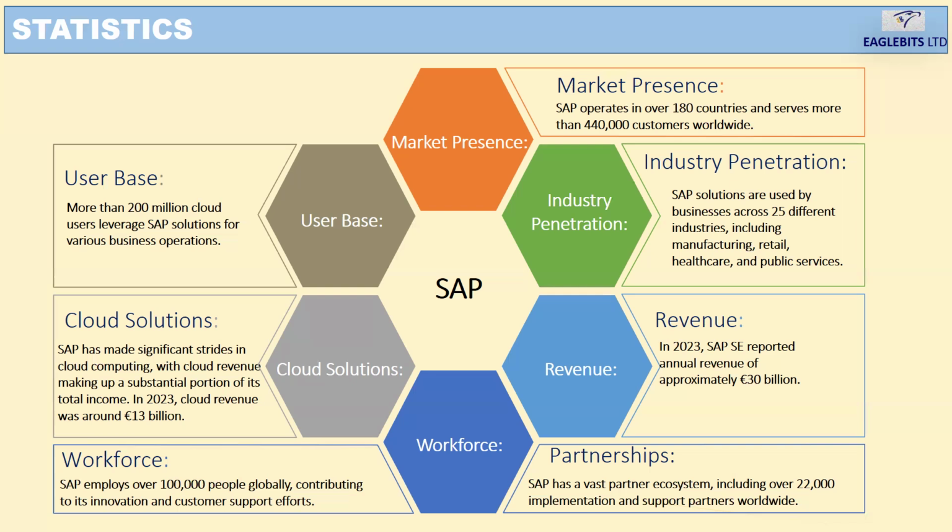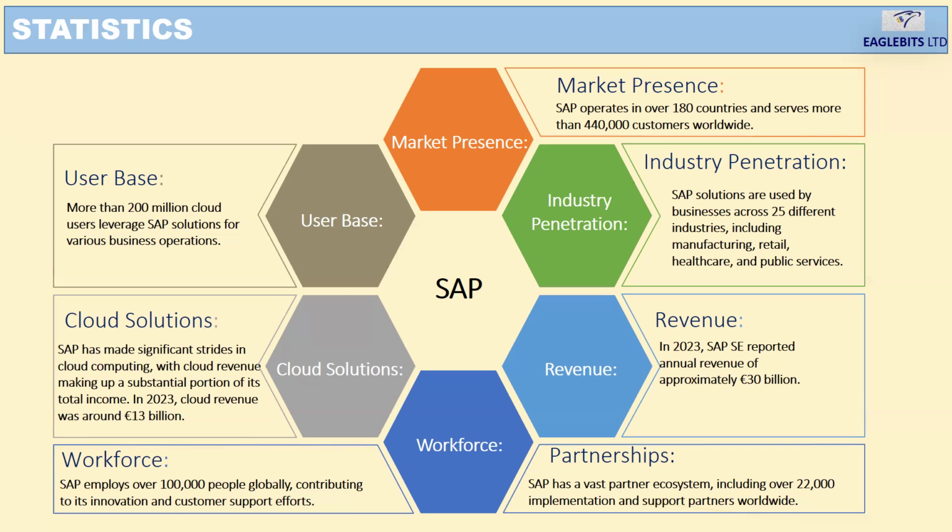However, when it comes to indirect consultants, we have well over 500,000 people who actually use or are consultants for the SAP software. Cloud solutions, SAP has made significant strides in cloud computing, with cloud revenue making up a substantial portion of its total income.